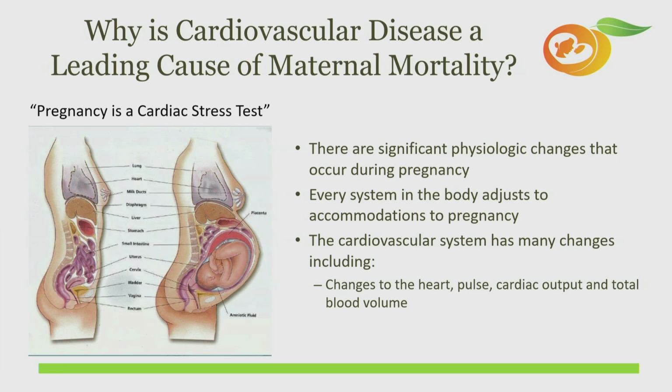So just really quick, we know just because there is a baby in your belly, your body goes through significant physiologic changes. We know that every system in your body adjusts in some way, but particularly our cardiovascular system, there's changes to our pulse, to the actual size and location, slight tilts and a little bit of enlargement, cardiac output, and our total blood volume.